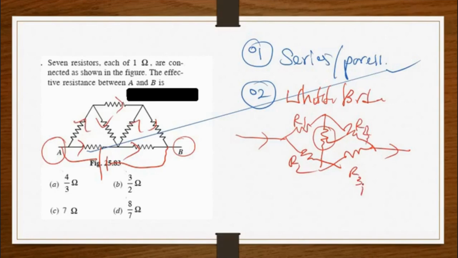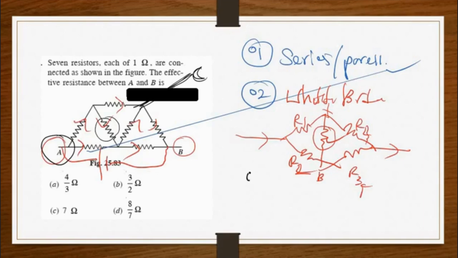So R1 over R2 equals R3 over R4, yes, then there won't be any current flow through the middle resistor. But still I cannot find any Wheatstone bridge here. If only current flowed from point A to this point, point C, let's say, then only I could remove this resistor as a Wheatstone bridge, but we cannot apply that here because current flows from A to B, right?